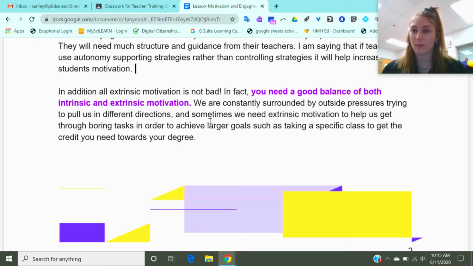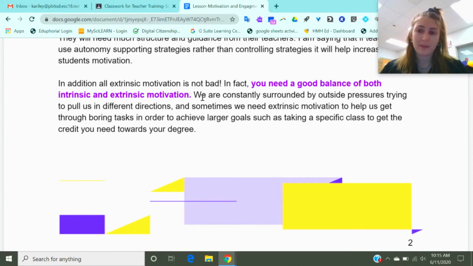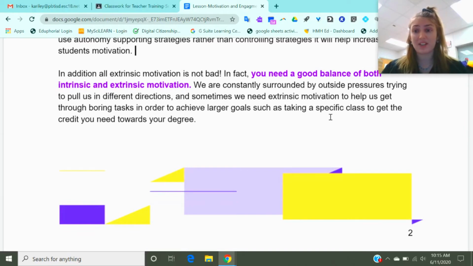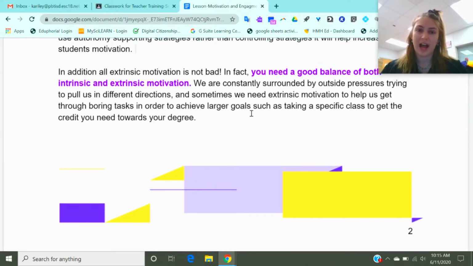And you can help get your students more internally regulated and autonomous by using more intrinsic motivation factors. But we are constantly surrounded by outside pressures that are trying to pull us in different directions. And sometimes we need extrinsic motivation to help us get through boring tasks in order to achieve larger goals, such as taking a specific class to get the credit you need towards your degree.